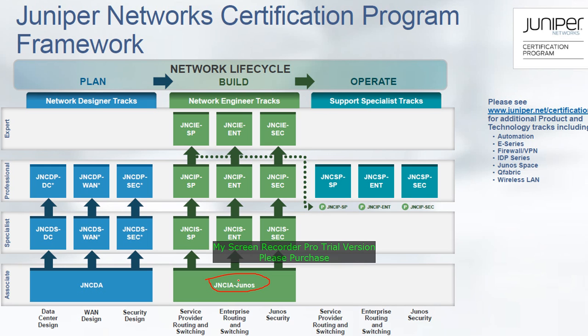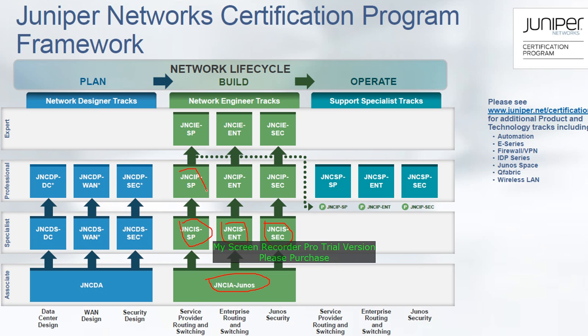You can take this exam at any Pearson VUE center, and then you can choose among multiple tracks, which is JNCIS, the specialist level, Juniper Networks Certified Internetwork Specialist. There are three tracks: service provider, enterprise, and security. So as per your understanding and concern, you can proceed further.